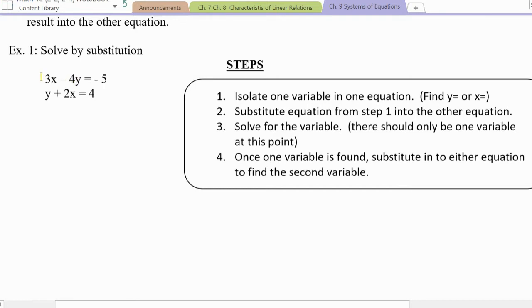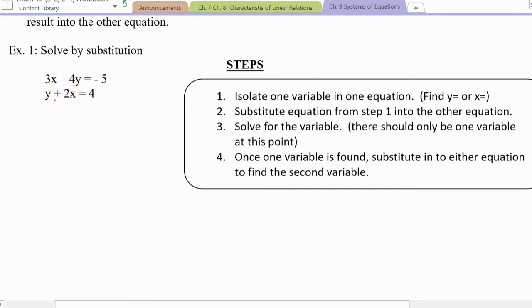Okay, so here, look at the first question. I have two variables and two equations. To solve the question, I'm going to isolate one variable in one equation. This one is easy to isolate because y has coefficient 1.